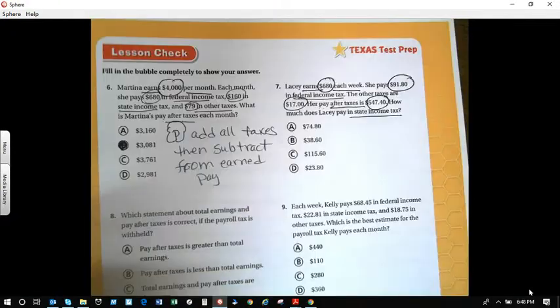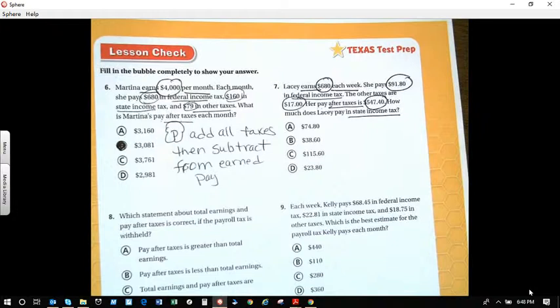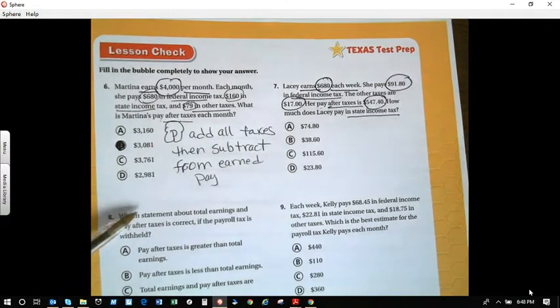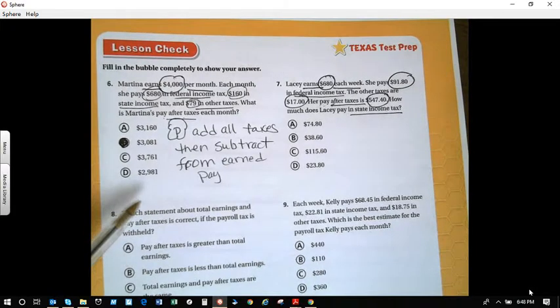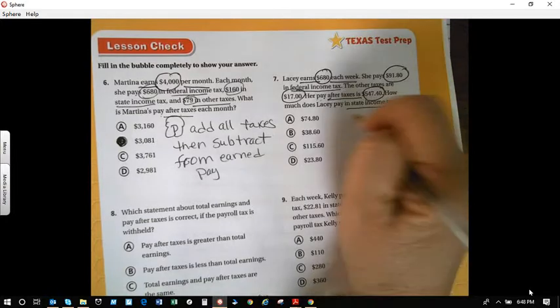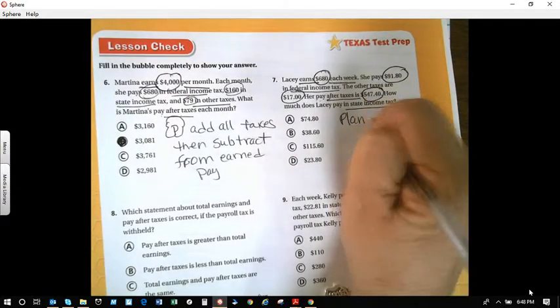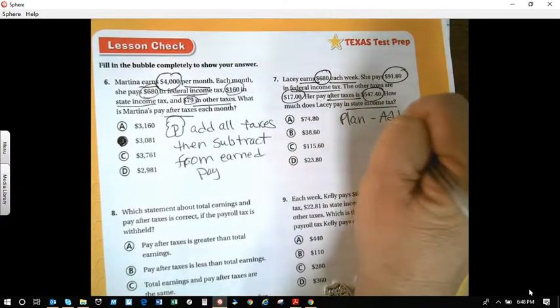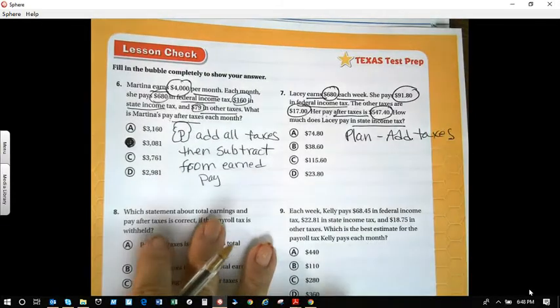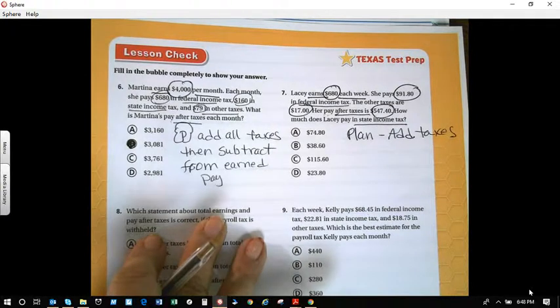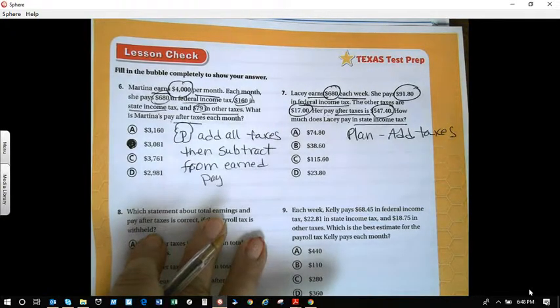So you have your $91.80 plus your $17. So my plan: add taxes, right? And then I'm going to, whatever you're going to do next.